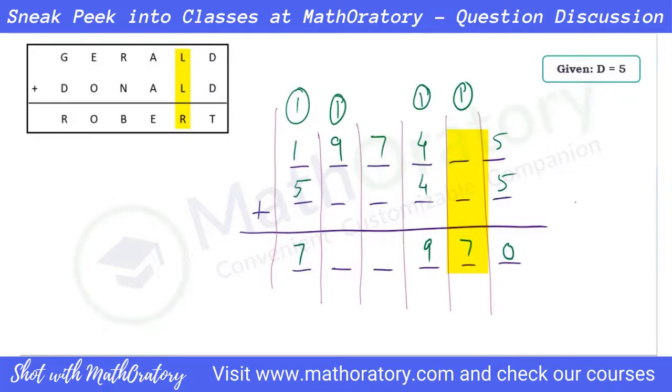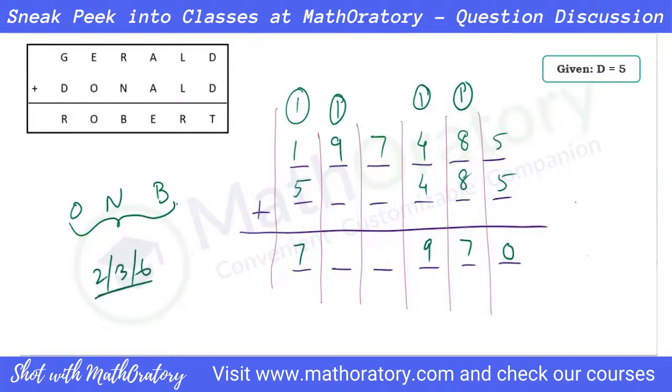But as it has to push a carry, the other possibility is 8. So L is 8. Now take a check of what are the digits remaining. 2, 3, and 6 are remaining, right? So you have 3 letters remaining, O, N, and B. These would be assigned to 2, 3, 6 in some order. We don't know the order as of now.